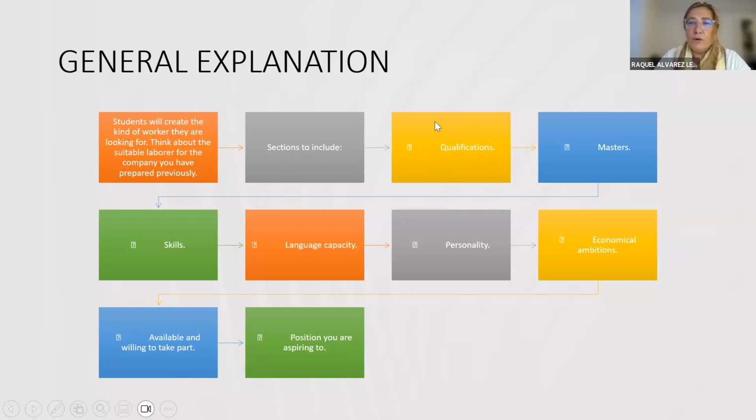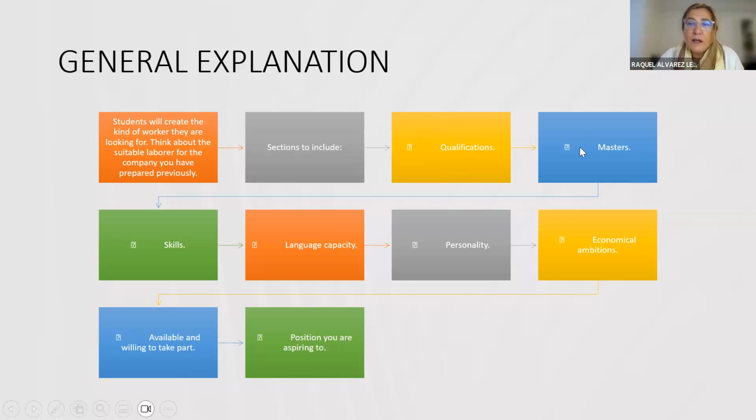First of all, qualifications. Qualifications, guys, is the grade or the vocational training, FP, or the studies you think they need at the time of working for you. So the qualification is all the studies, all the courses they have been doing or they are doing, okay?